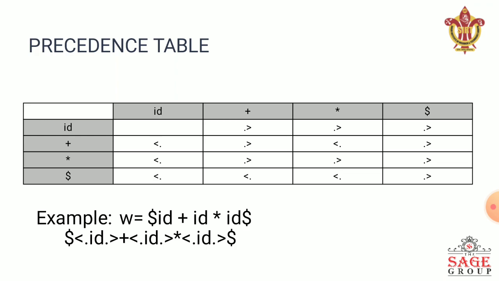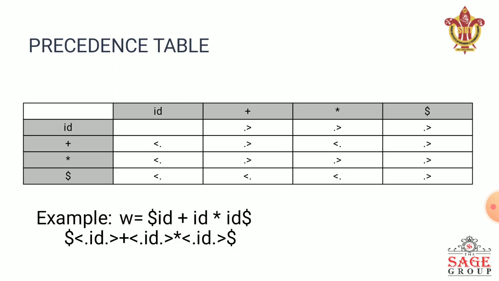Then the precedence table is between only these terminals, the row of terminals versus the column of terminals, and the precedence relation, which may be higher than, less than, or equal to, is presented in this precedence table. We can use this precedence table to apply the parsing method to validate whether any string is genuine or legal for the given grammar or not.